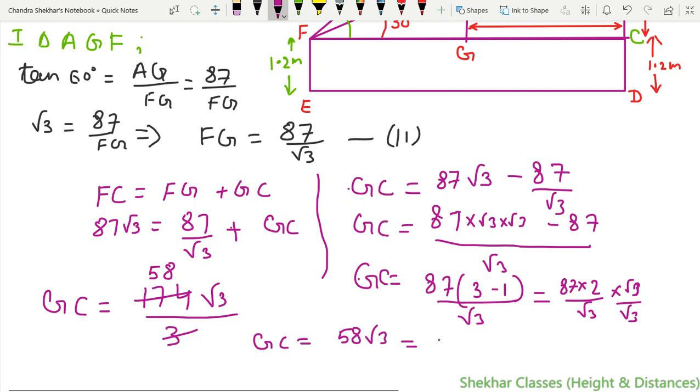So that is approximately 100.5 meter, the distance, and that is the answer for you. All right, fine.